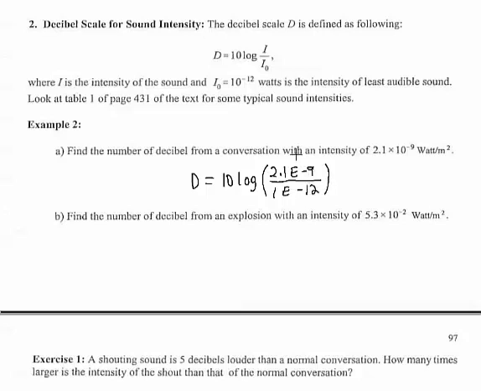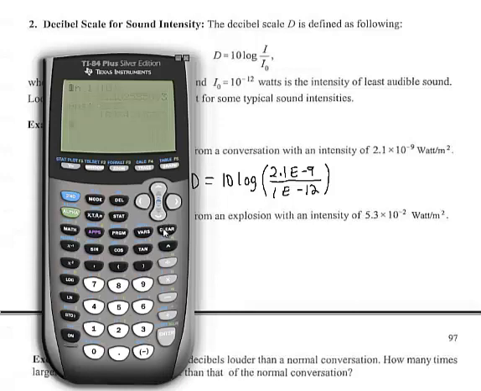Okay, so all we do is put this expression into our calculator, which we do not have to use change of base. The decibels of a sound are based off of the common log. So we have 10 times the log of 2.1, and the double E button is located above the apostrophe, I think, or this could be the comma.